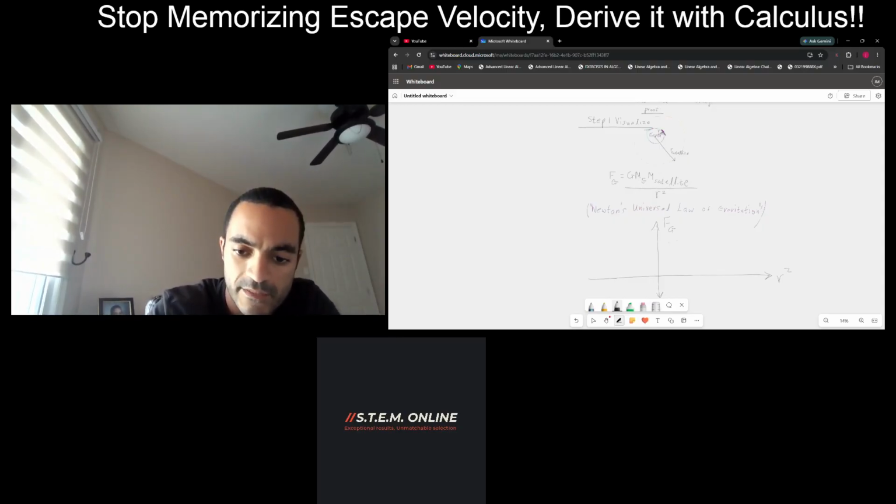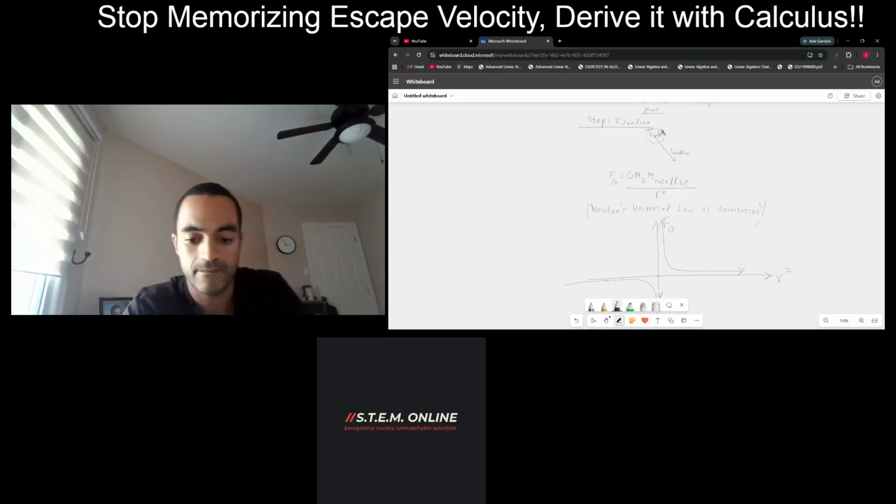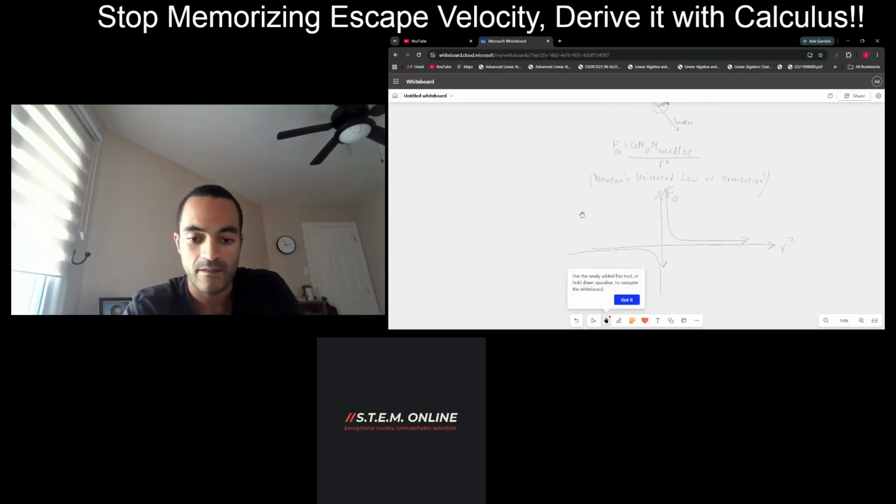And we have curves like this. The curve is going to look like this. This is our geometric or graphical representation of what's happening to the gravitational attraction as the satellite leaves Earth and tries to escape Earth's gravity.